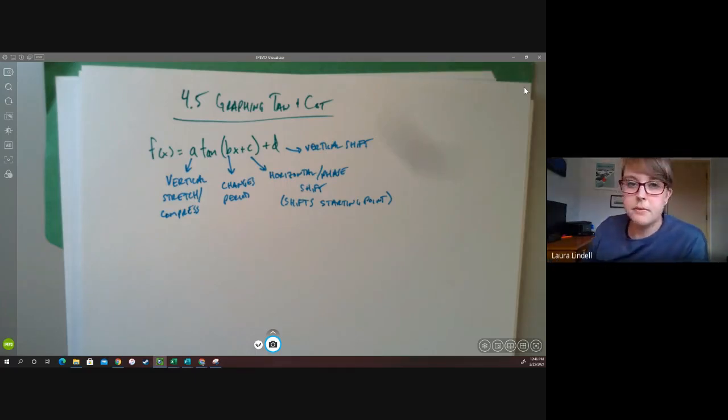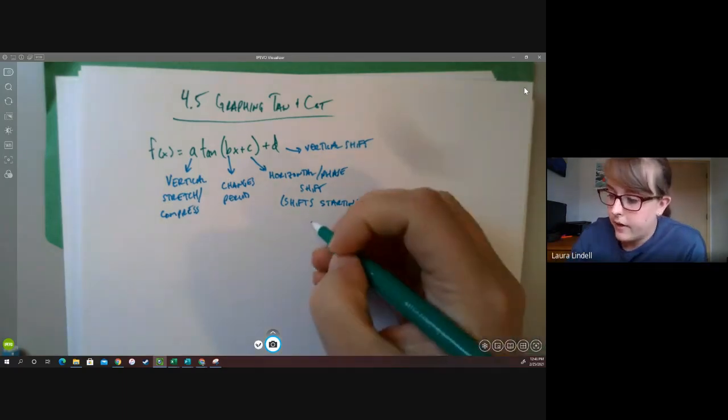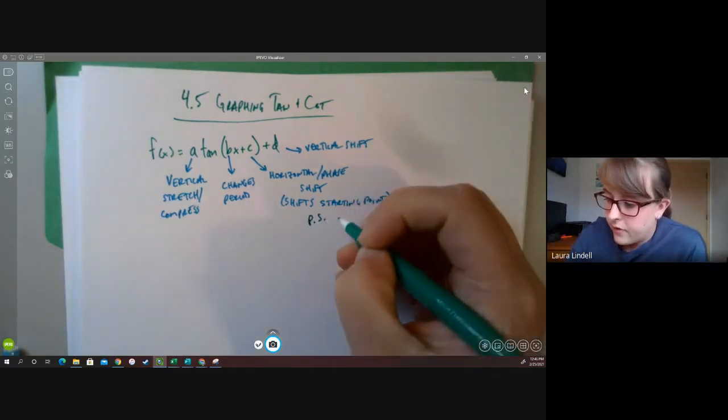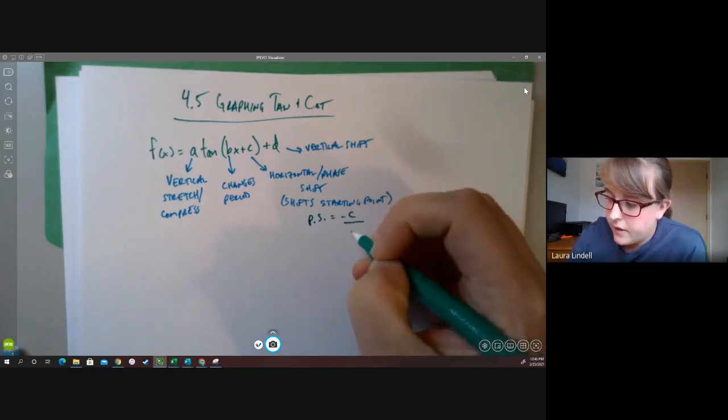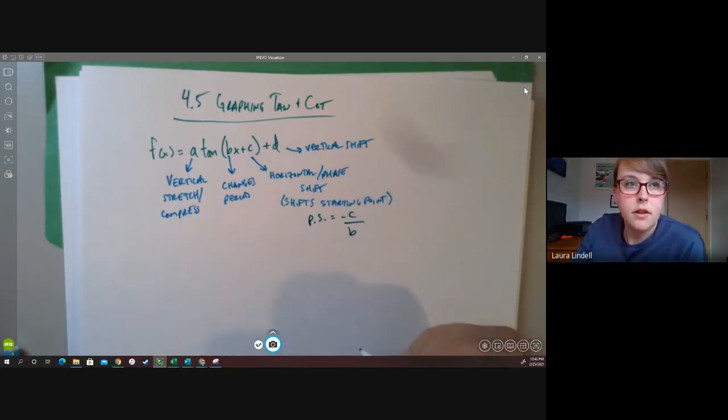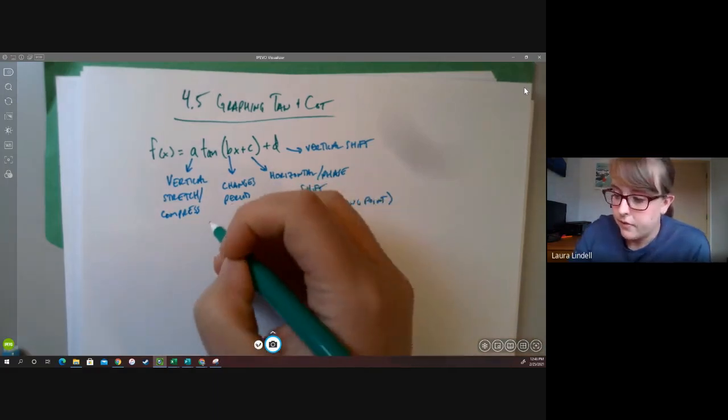There are still some similarities in calculating the phase shift. Phase shift is still negative c over b. The period, though, is calculated differently.